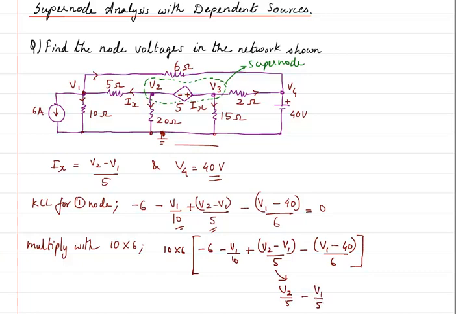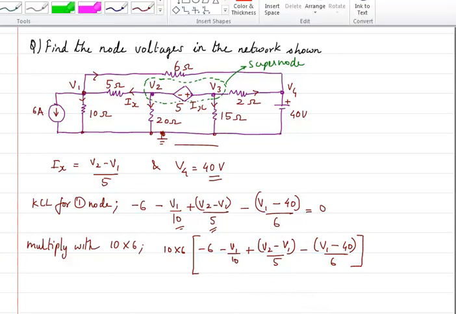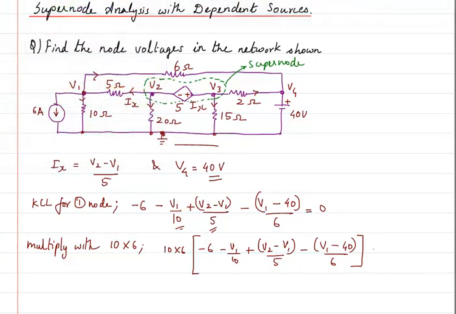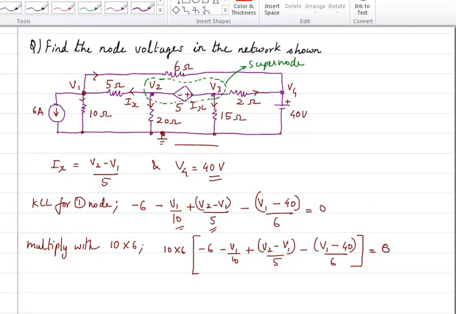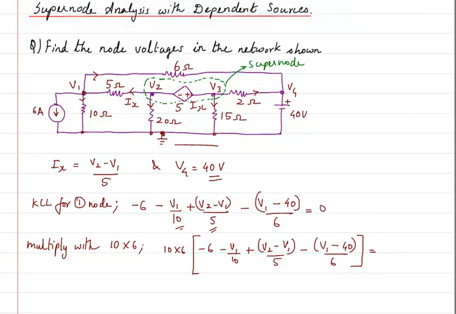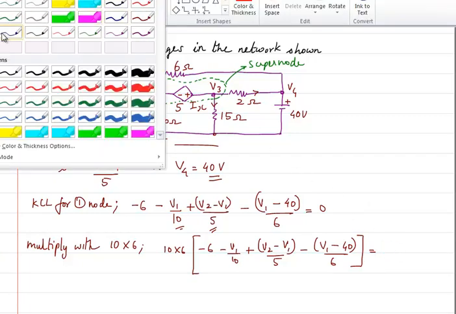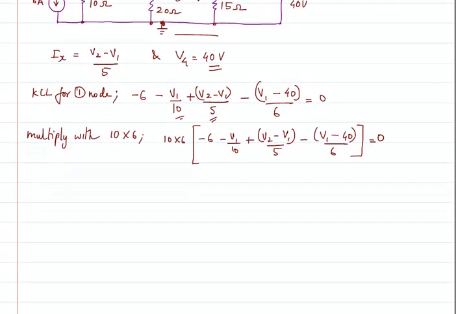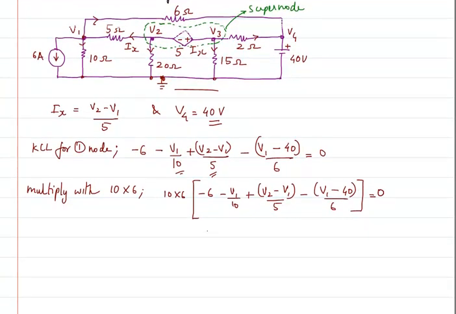That makes the problem a little bit easy, but sometimes I don't like it, because I can very quickly calculate, so I don't mind writing it like this. But if you want, you can do that. There is no issue. And this is equal to 0 multiplied with 10 into 6, which is 0 itself. Okay. So now that is done.